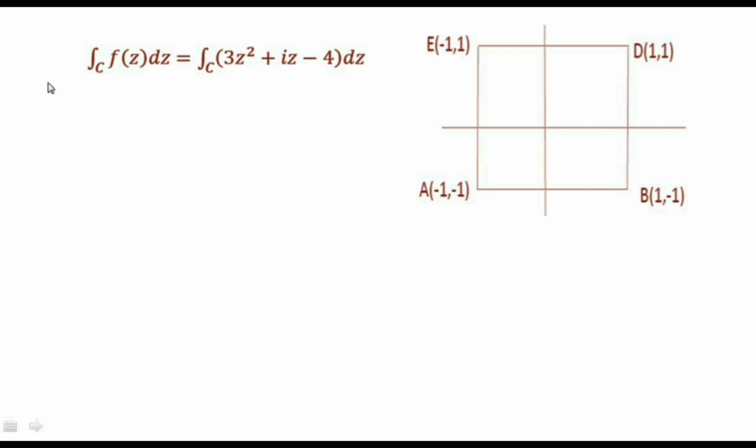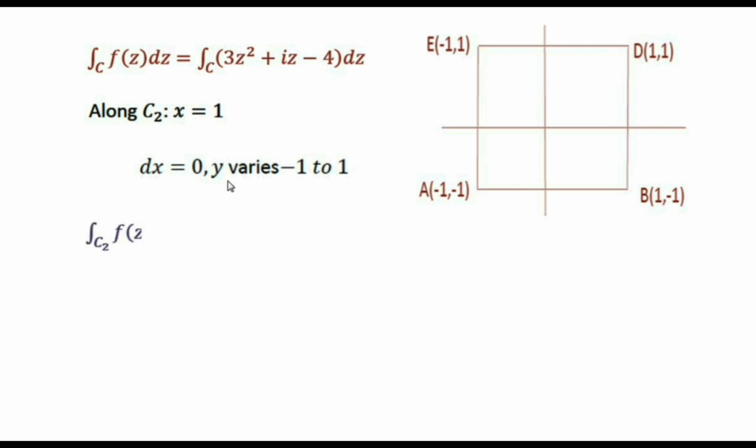Coming to integral over C2 of f(z) dz, along the path C2, that is line BD, here it is a fixed line, x equals 1, then dx equals 0, and y varies from −1 to +1. Therefore, integral over C2 of f(z) dz is for y from −1 to +1, with z equal to x + iy, but we convert this integrand in terms of the variable y, while x equals 1.